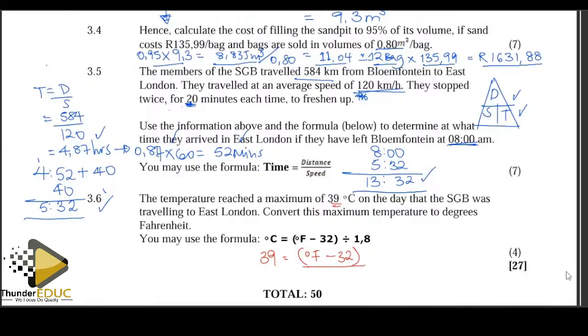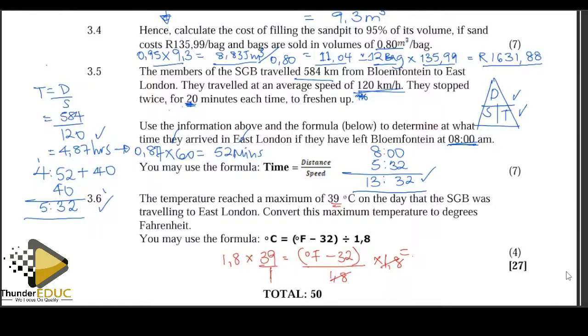I like this, make it what? A fraction. So now, also here we have an imaginary 1. What do we do? Multiply by 1,8 on both sides. In that, this one dies with that. So when you multiply that, what do we end up having? We shall end up having 39 times 1,8.